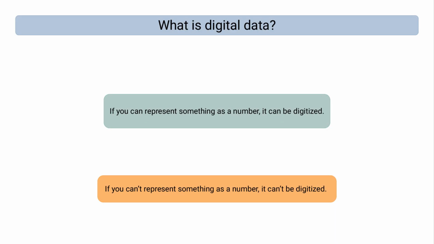And to oversimplify it even further, if you can represent something as a number, then it's pretty straightforward to digitalize it. If there is no clear way to represent something as a number, then it cannot be digitalized.